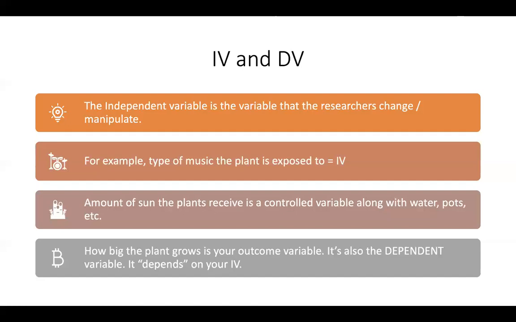Plant growth is your outcome variable or your dependent variable. Same thing. The outcome variable is the same thing as the dependent variable. The independent variable is the same thing as the manipulated variable. So those terms are all used interchangeably. So if I manipulate an independent variable, then I measure the dependent variable to see what difference it made.